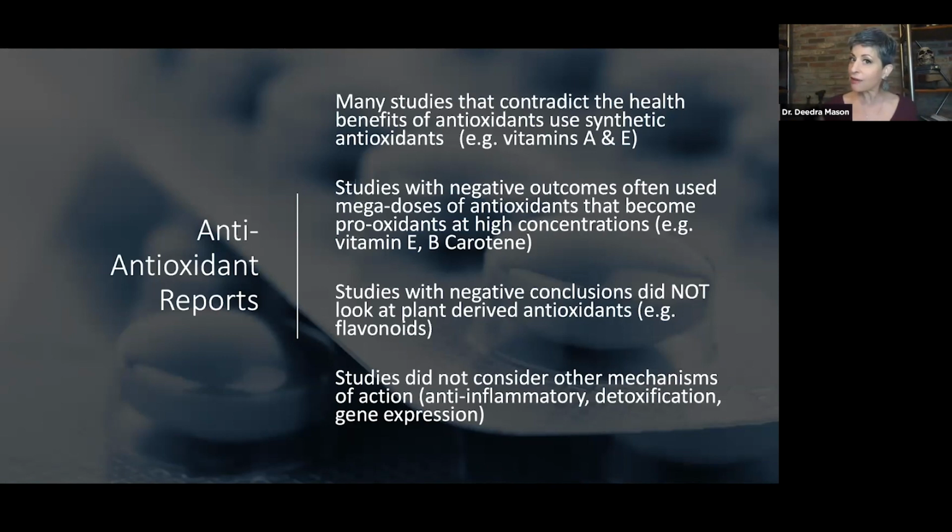So one of the things I want us to pay attention to is the studies with negative conclusions didn't look at plant-derived or natural-derived antioxidants, including very simple things like vitamin C or flavonoids. Studies also did not consider the action of disease process or chronic illness, such as inflammatory mechanisms, poor detoxification pathways, and gene expression.